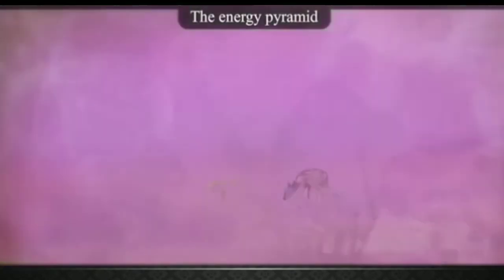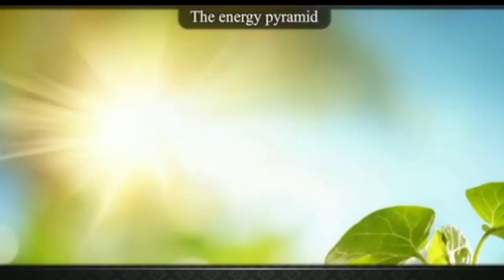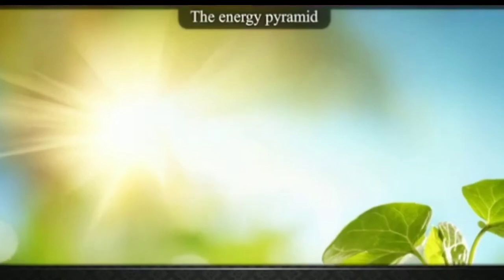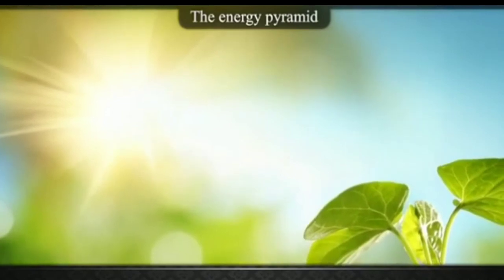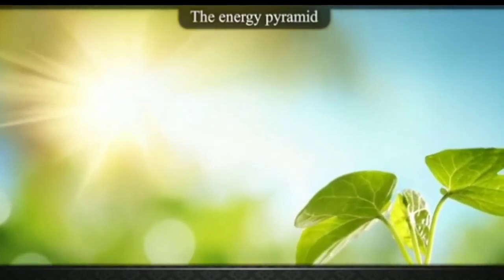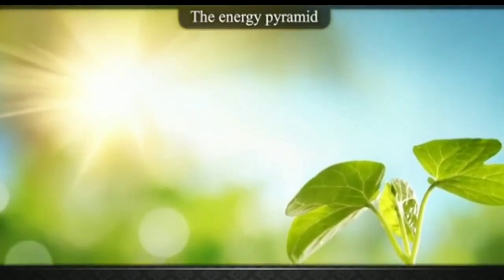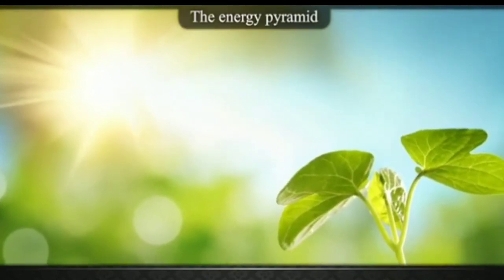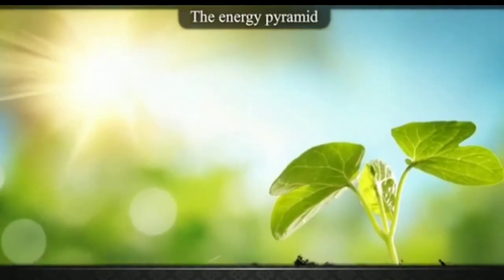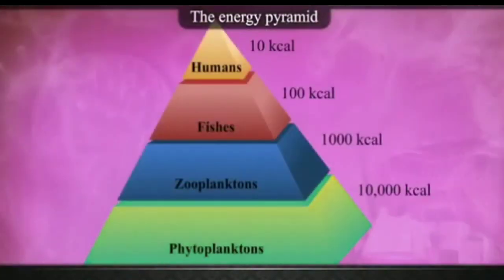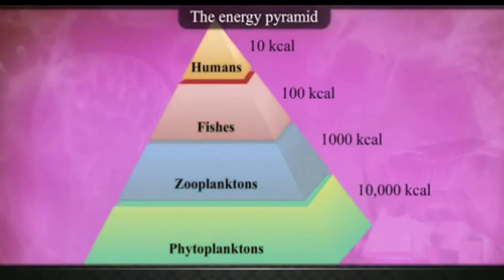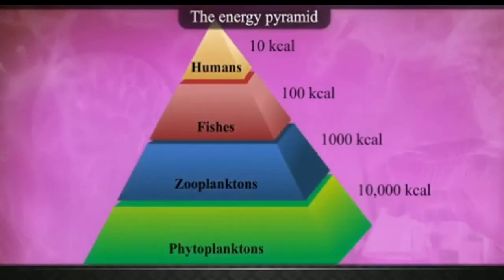The sun is the most important source of energy in any ecosystem. Green plants of the ecosystem store some of the solar energy in the form of food. Before reaching the decomposers, this energy is passed on from one trophic level to the next trophic level.